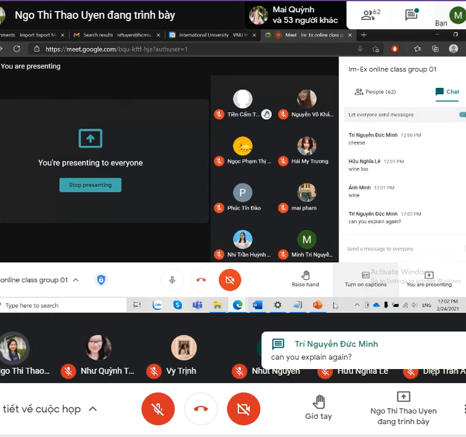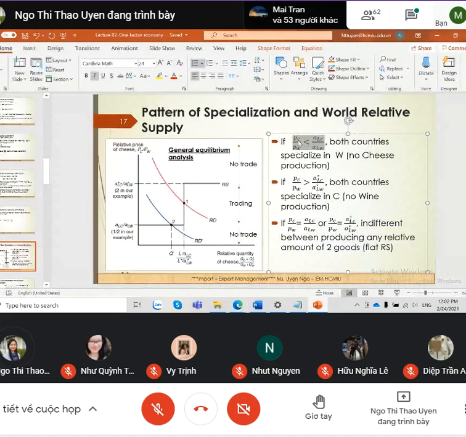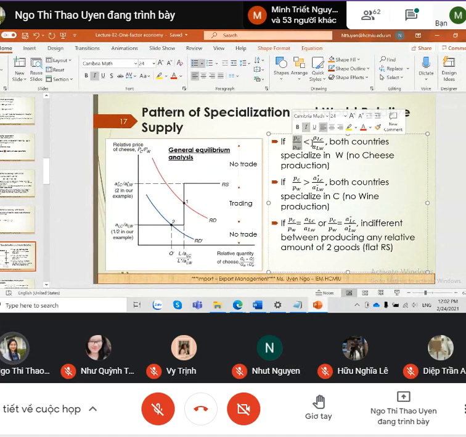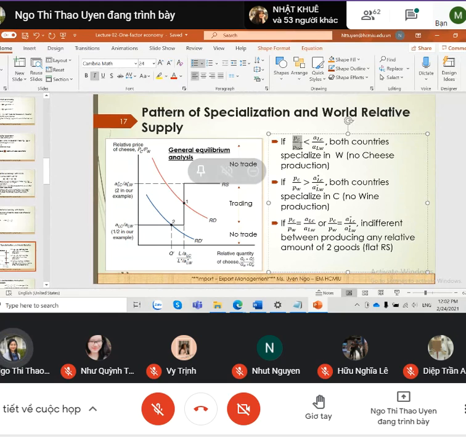Let me explain again. If the relative price of cheese is smaller than the opportunity cost of cheese of home in terms of wine, then what we get from the cheese producer is smaller than what we give, what we pay.